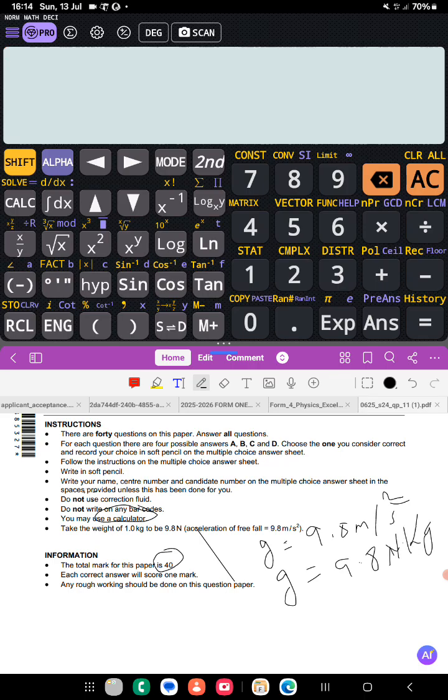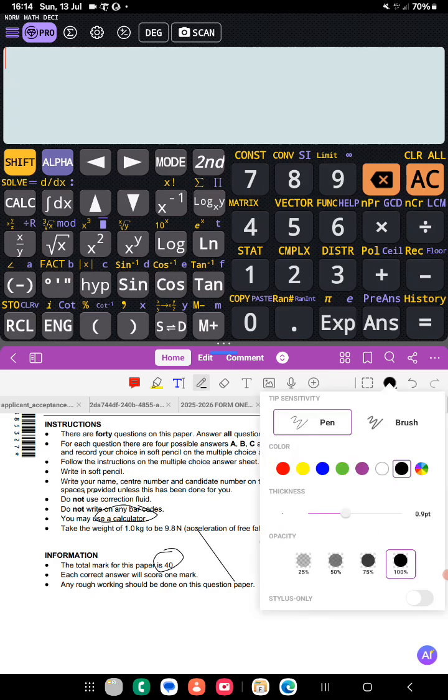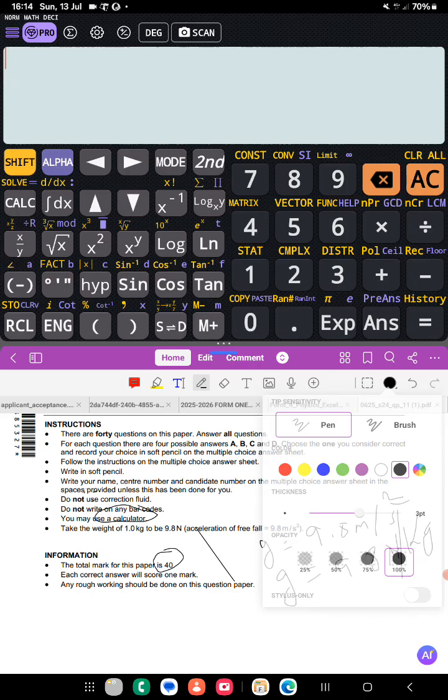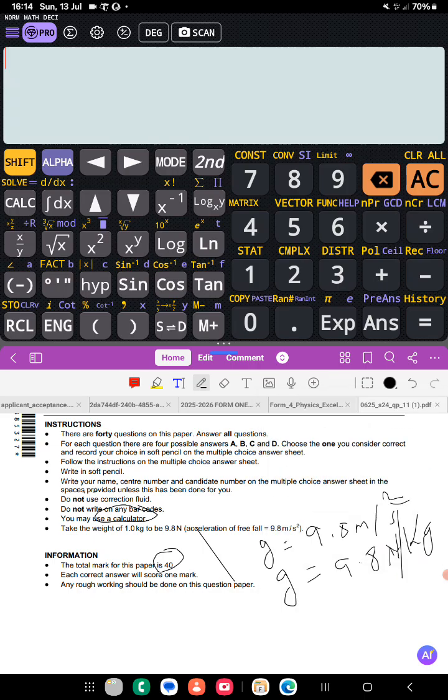This is the additional information that we are given. So please take note of this. All right, so that's what we have.